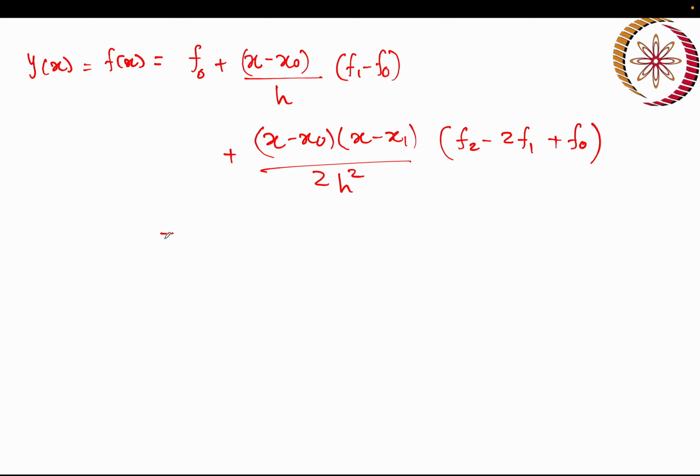This is the second order polynomial that approximates this function.